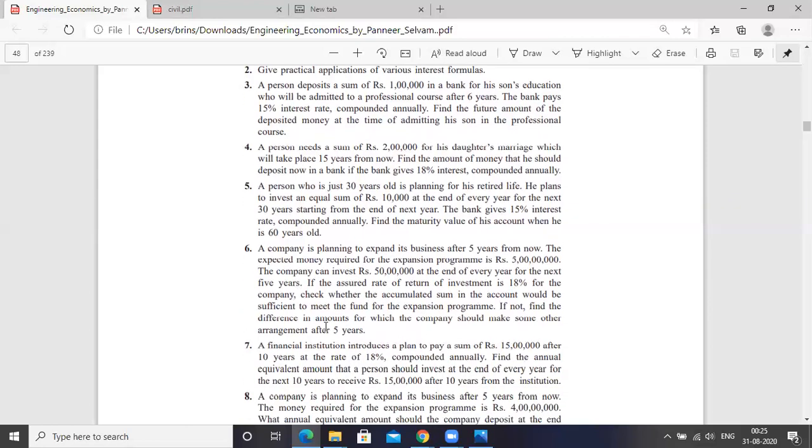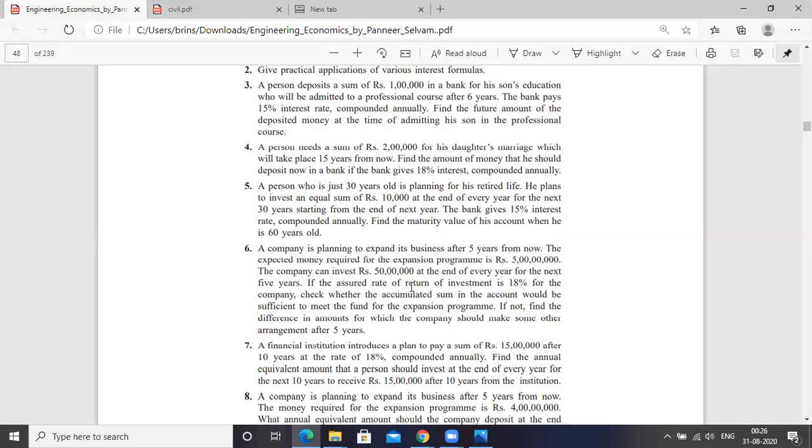You can check out the sixth question. A company is planning to expand its business after 5 years from now. The expected money required for the expansion program is 5 crores. The company can invest rupees 50 lakhs at the end of every year for the next 5 years.